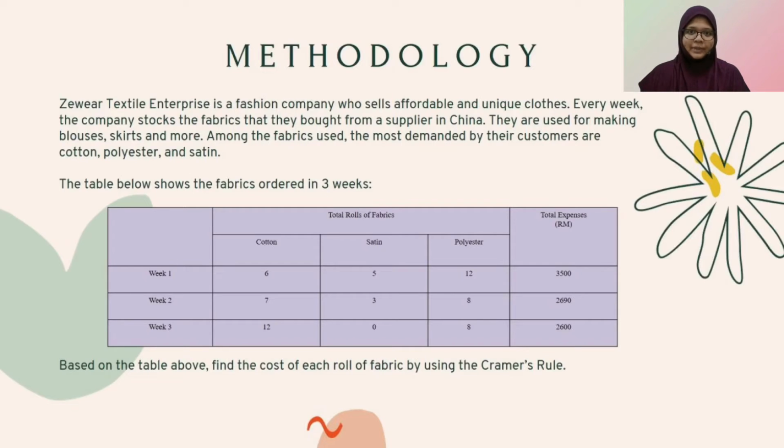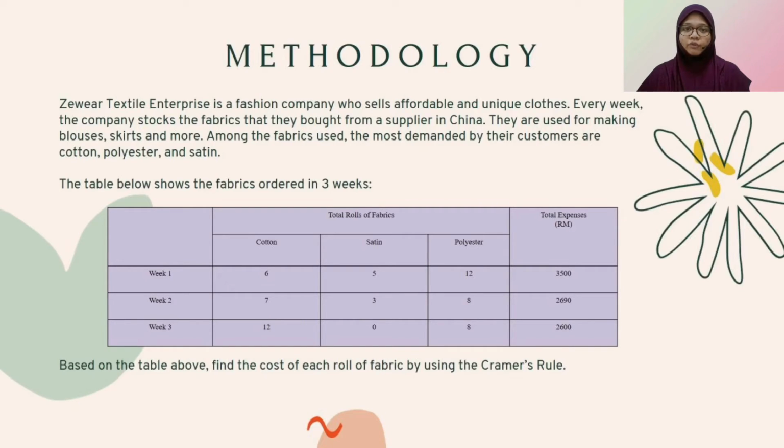Zeware Textile Enterprise is a fashion company that sells affordable and unique clothes. Every week, the company stocks fabric that they buy from a supplier in China. They are used for making blouses, skirts, and more. Among the fabrics used, the most demanded by their customers are cotton, polyester and satin.